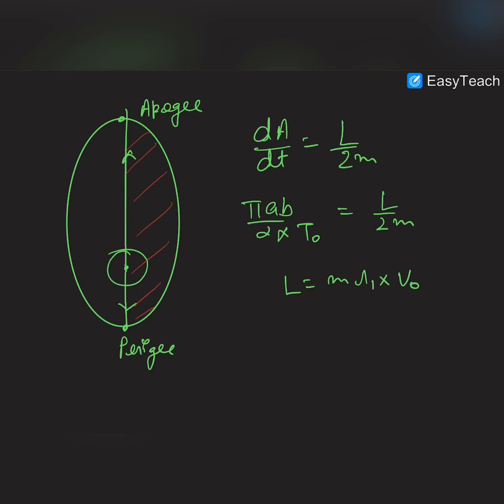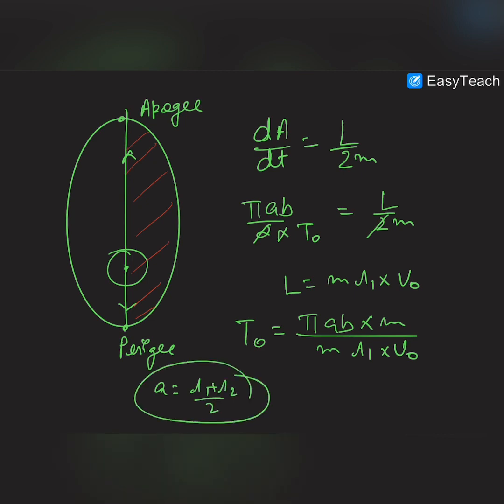We have already calculated the value of v naught. So the time taken t naught would be equal to pi AB into m divided by angular momentum, which is m r1 into v naught. And we know that A is equal to r1 plus r2 by 2.